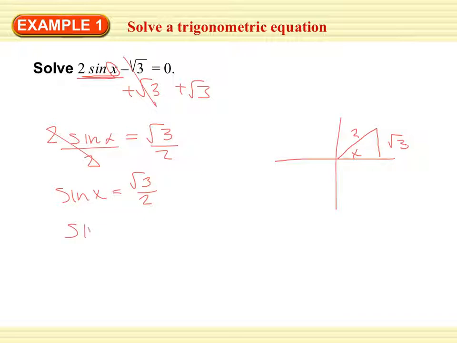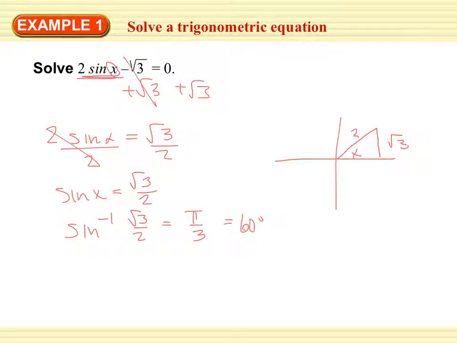Well, I'm really doing sine to the negative 1 of square root of 3 over 2, which you can do in your calculator also. That gives me pi over 3, which equals 60 degrees. And that's a 30, 60, 90 triangle, which you guys should have memorized. So that's in that quadrant.